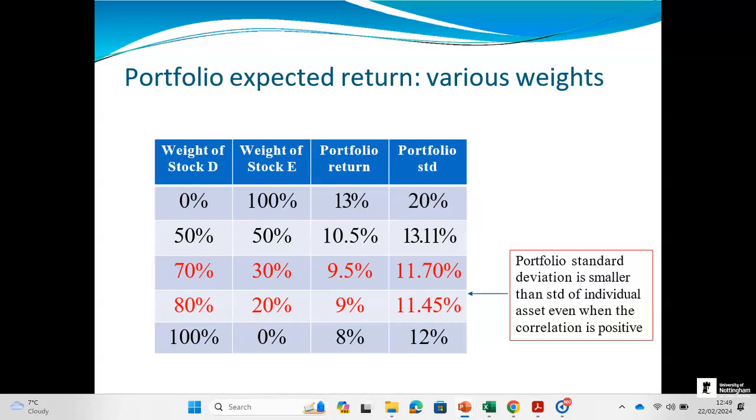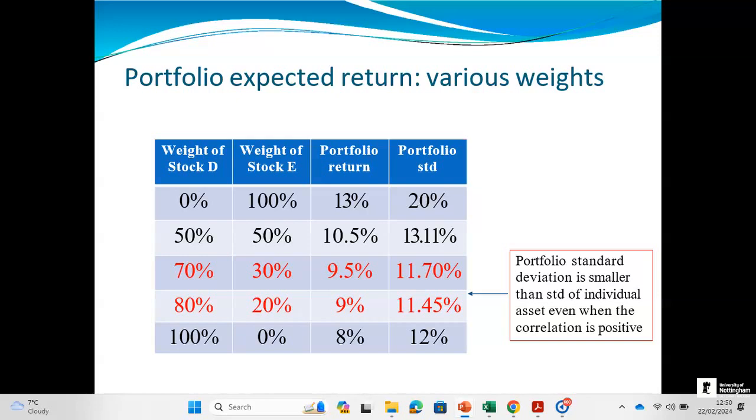So portfolio standard deviation, as we can see, is smaller in cases when we put 70% in stock D and 30% in E, or 80% in D and 20% in E. So you can see in these two cases, when the weights are these, the portfolio standard deviation is lower than the individual stocks as well. So this gives you some idea how much should you put in stock D and E, right?